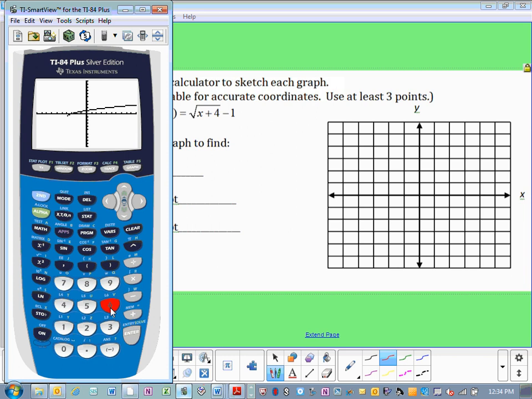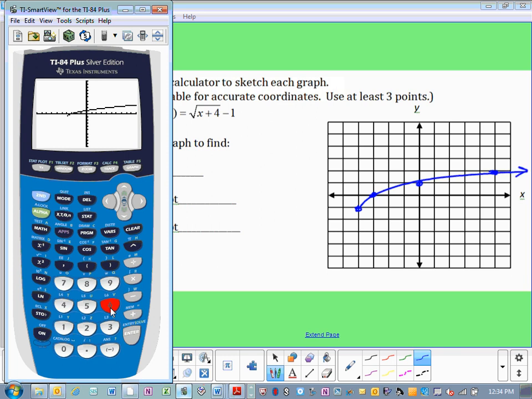Did anyone get a different picture? Anyone get an eyebrow going down? No? Okay. All right, so here's my eyebrow.